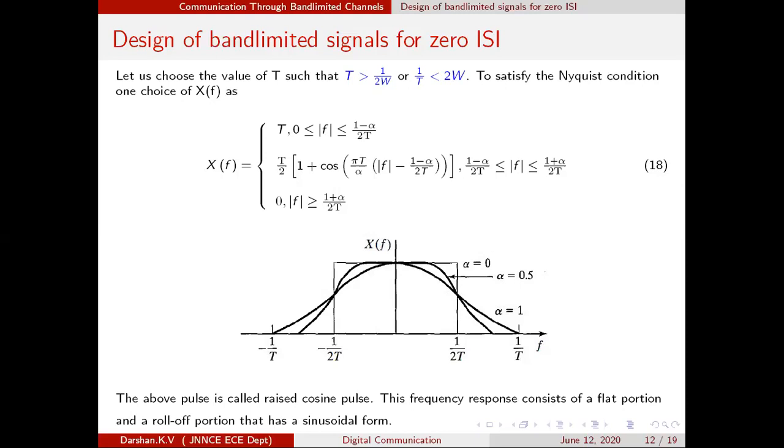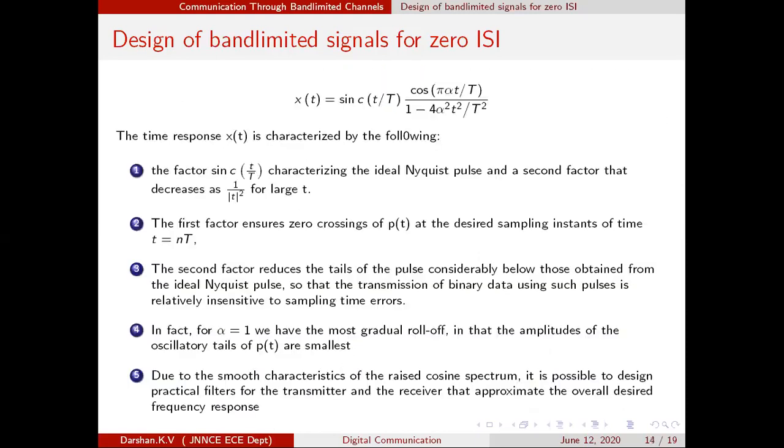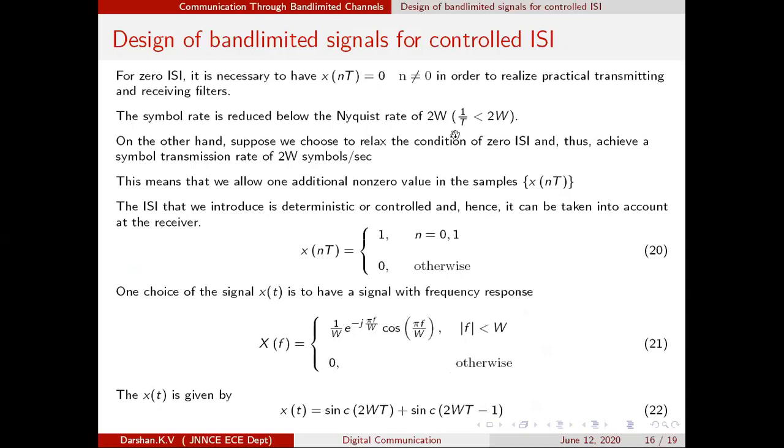To overcome these two difficulties, the solution given was controlled ISI. Controlled ISI is a solution for the following problem: the reduction in the symbol rate.